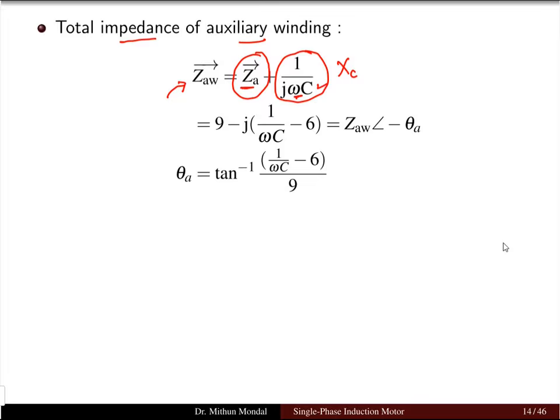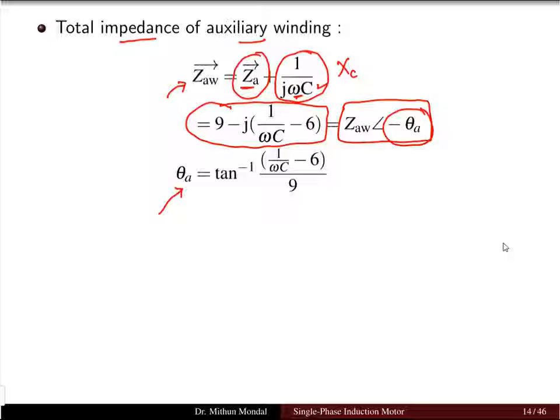So we can frame one equation in the rectangular system of complex numbers having the magnitude and the phase. We are interested in the phase value because the current angle difference must be 90 degrees. So the phase angle of the auxiliary winding is tan inverse of the imaginary part by the real part. This is from the complex number concept.